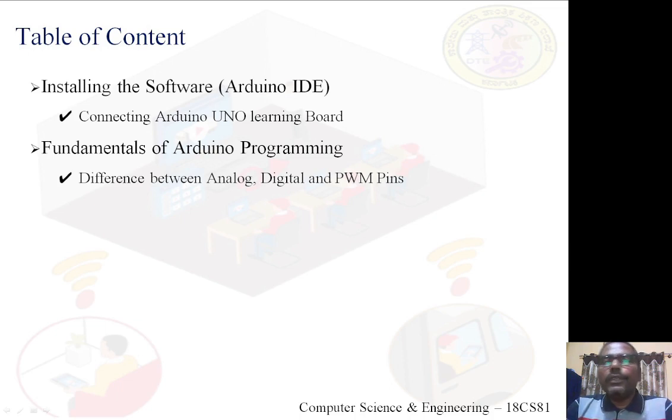Next, let me have a look at some fundamentals of Arduino programming. As I said, like any other programming language, we will have a look at constants available, control statements available, the syntax of function definitions, and some other constructs.